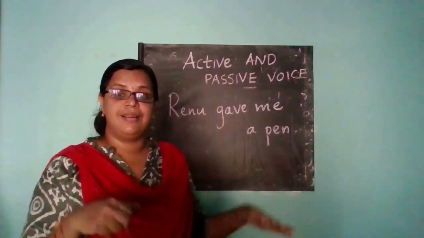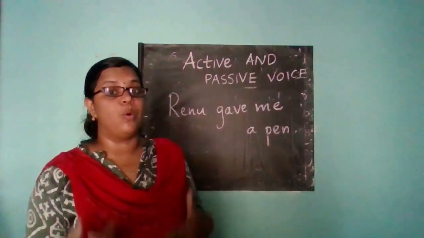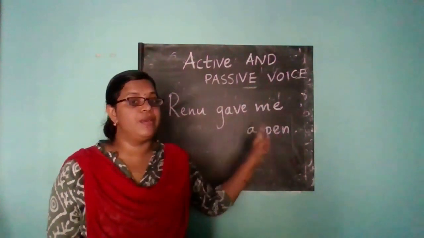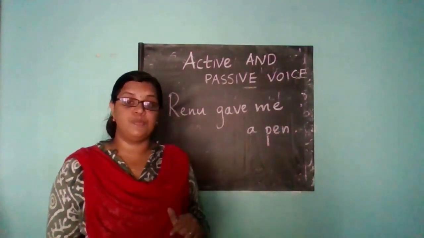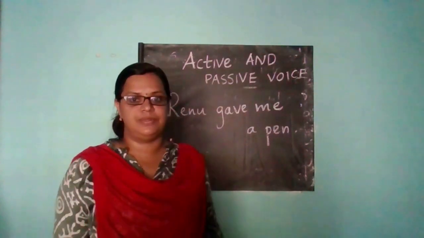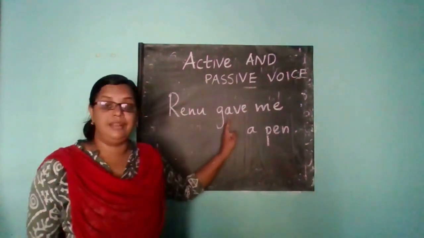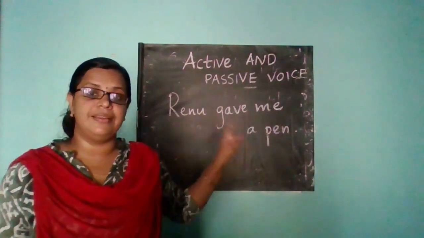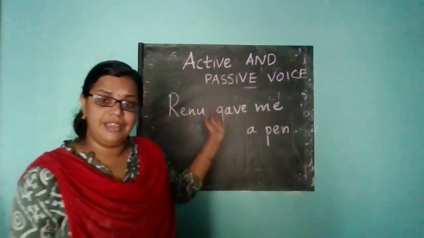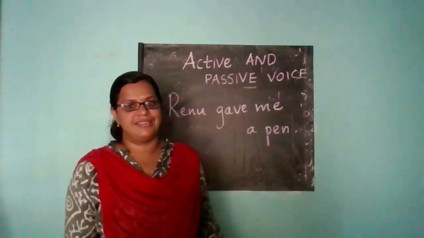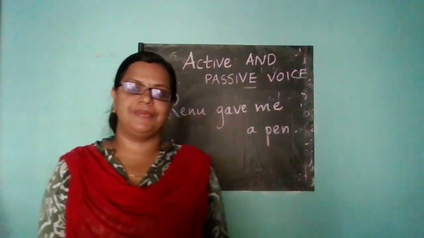We can ask either what or whom to the verb. The answer to the what question is the direct object and the answer to the whom question is the indirect object. Gave whom? Me. So, me is the indirect object. Gave what? A pen. So, a pen is the direct object.